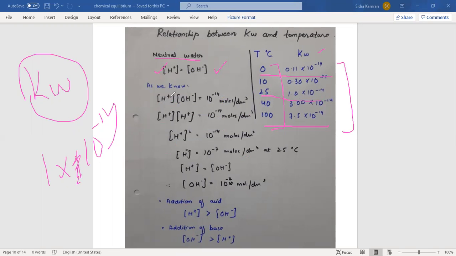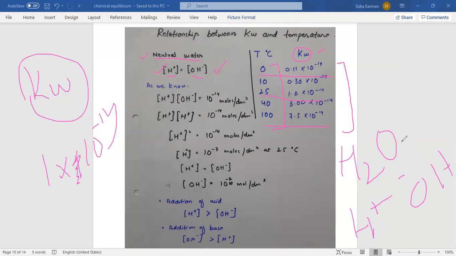Remember, always the concentration of H+ ions and OH- ions in neutral water is the same. If you increase or decrease the temperature, the ionic product will increase or decrease. But the concentrations of H+ ions and OH- ions are always the same, because one water molecule dissociates into an H+ ion and an OH- ion, whatever the temperature.